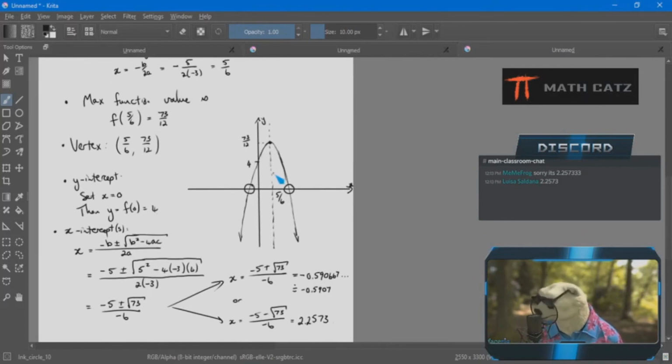So, zooming out. There's a lot of little things that we can do. And looking at the graph, I can't use the graph to confirm my x-intercepts, right? But I can sort of. Looking at my graph, it would agree with everything else if I have an x-intercept that is a little negative and an x-intercept that is positive and a little bigger. I can't say, oh yeah, of course that x-intercept is 2.25.